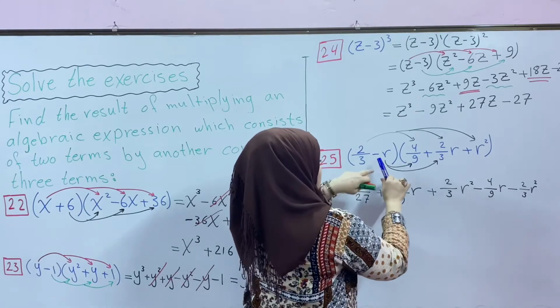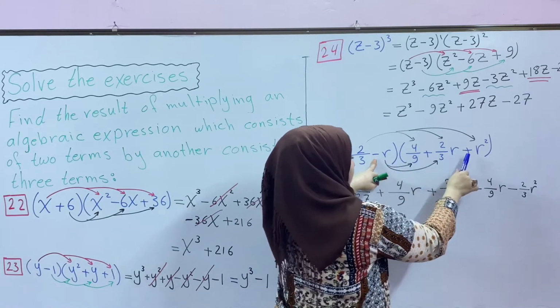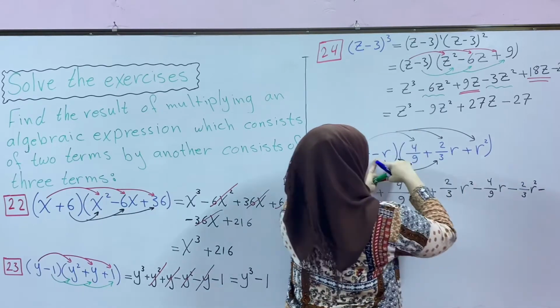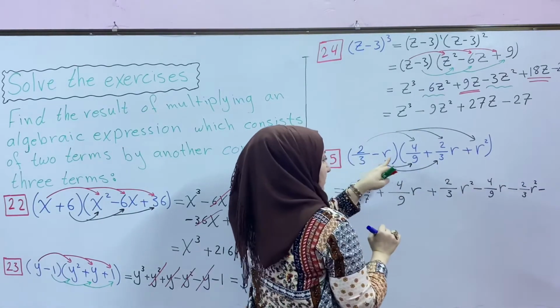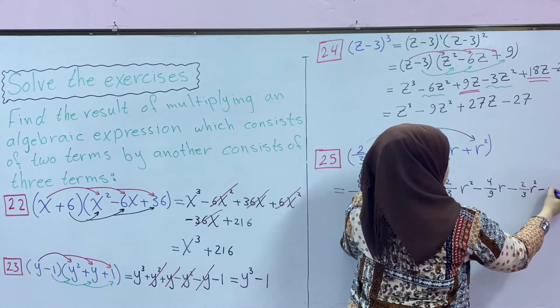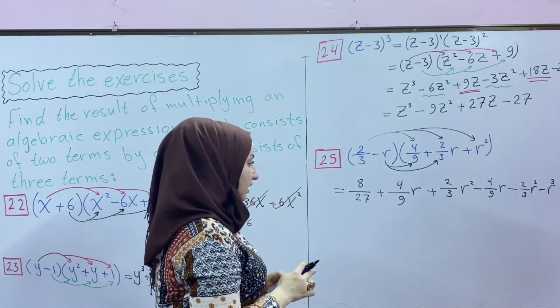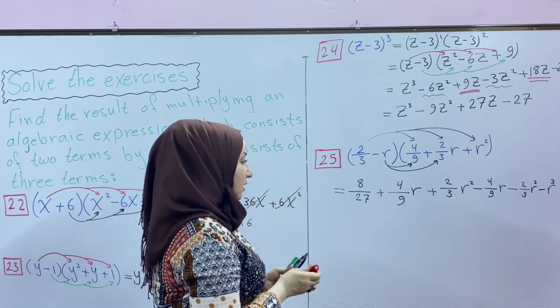And lastly, negative r multiplied by positive r squared, negative r multiplied by r squared, r cubed.